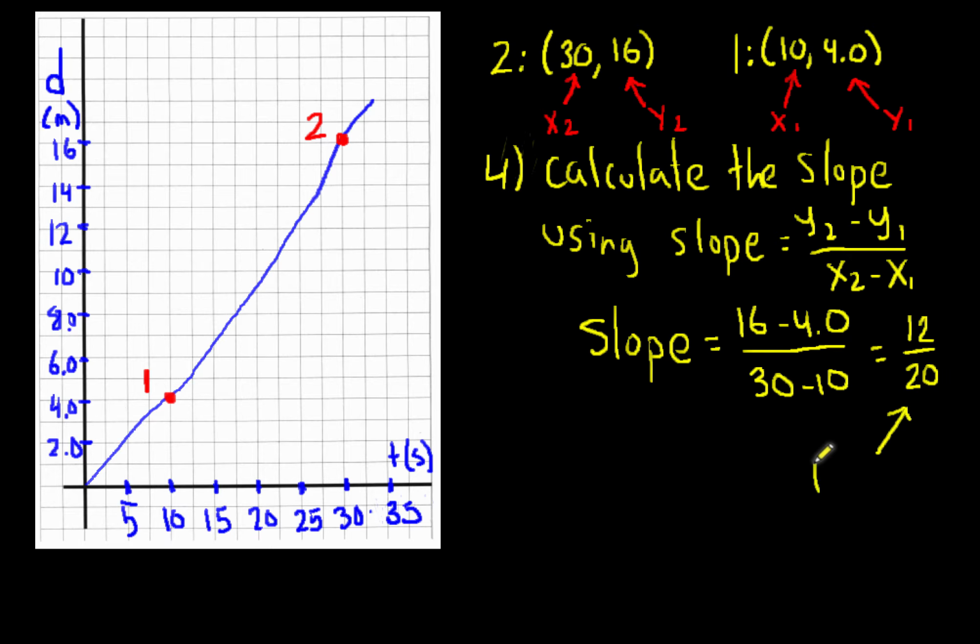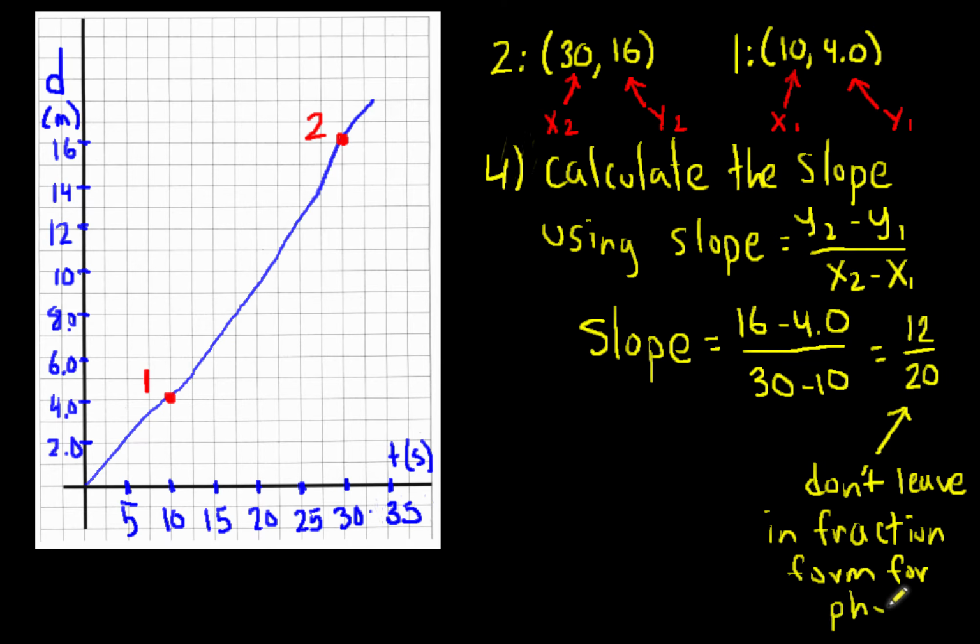Now, if we were in math, we would write this as a fraction and leave it. But in physics, don't do this. Don't leave the slope in fraction form. Calculate the decimal to find the actual answer for slope. In this case, slope is 12 divided by 20 is 0.60 meters per second.